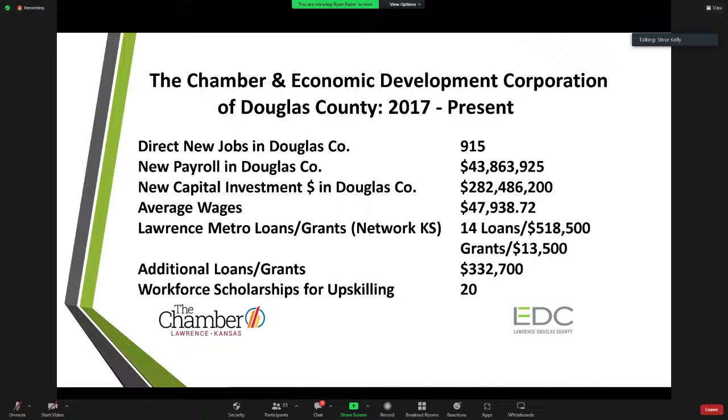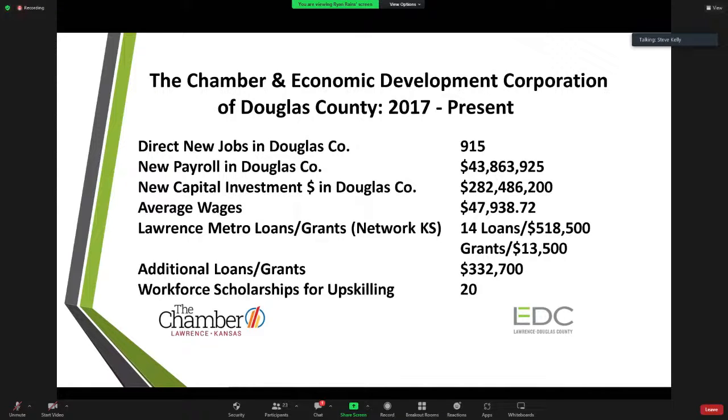Some of the work that we had done over our last, it was about 4.5 years at that point, capital campaign. We were involved in 915 direct new jobs in Douglas County, and that's not any indirect or multipliers. That's actual jobs of companies that we directly worked with. Sometimes supporting them with counseling and helping them.